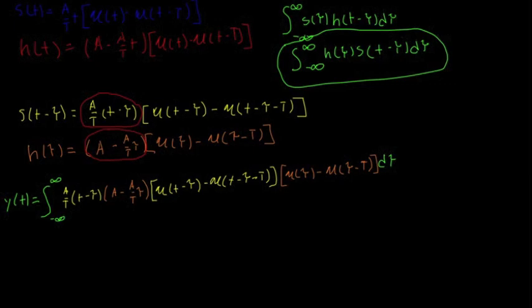But to continue onward, what we're going to end up doing is we're going to actually FOIL everything out. I think the best way to do this is to FOIL this first section, which contains just those functions, the actual ramp functions that are in the graphs of s of t and h of t.